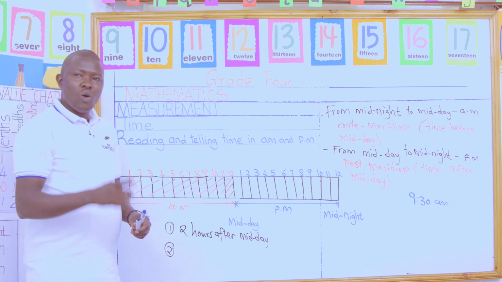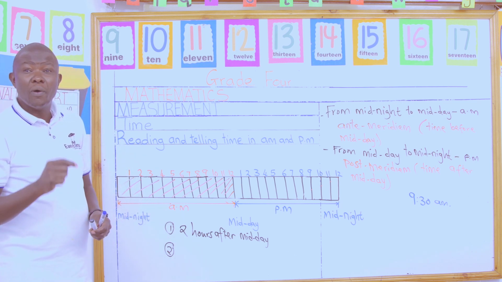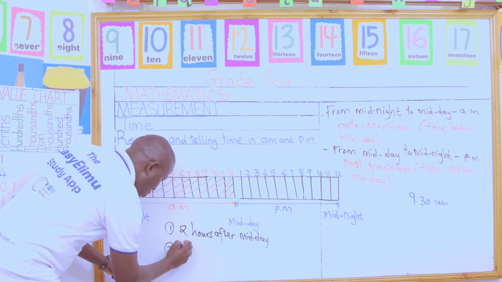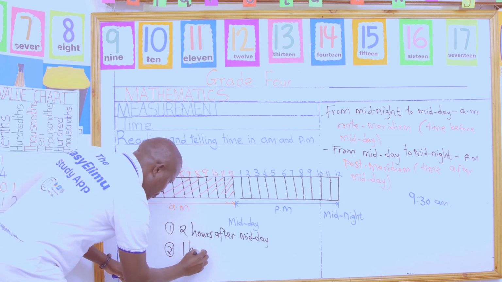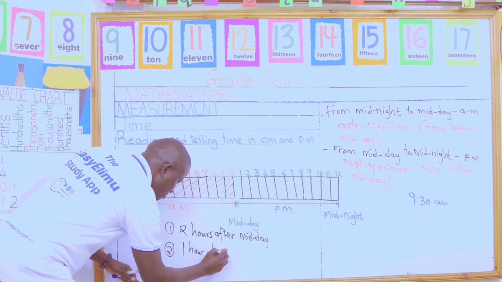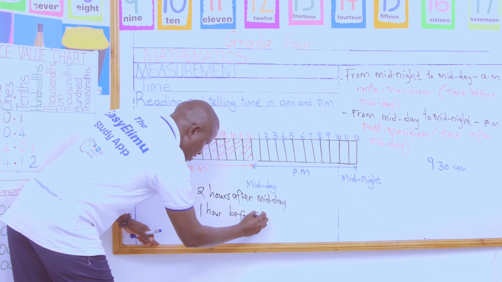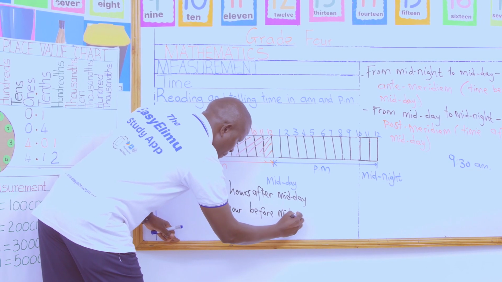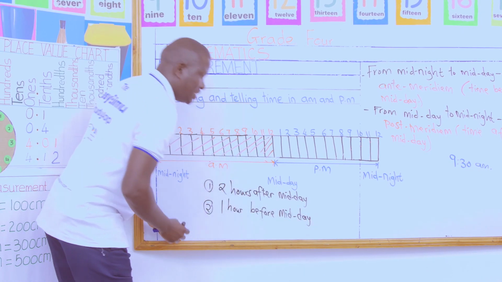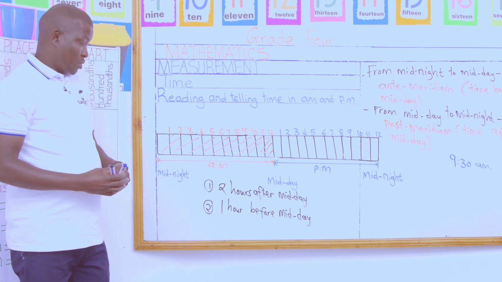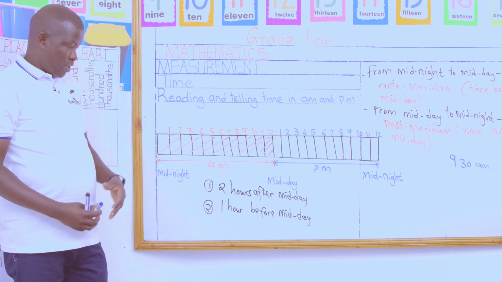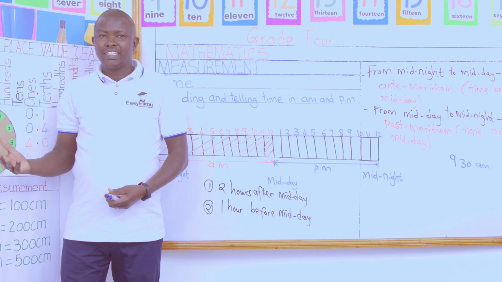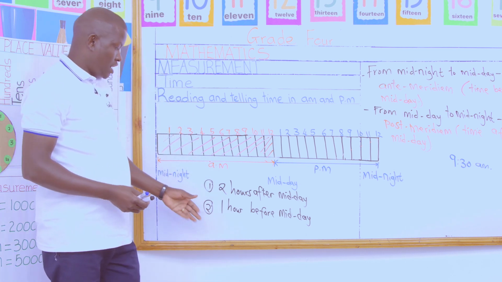Now, 1 hour before midday. Is it AM or PM? You are writing whether AM or PM. Remember, we are writing here, it is what time? AM or PM.